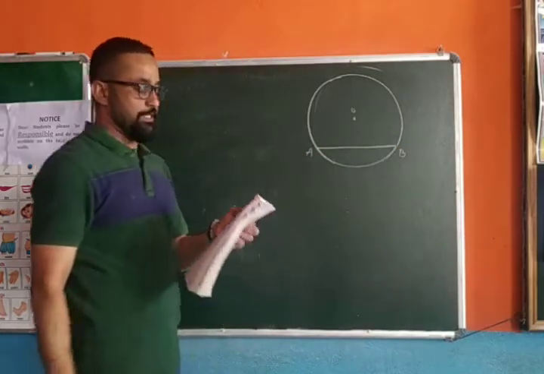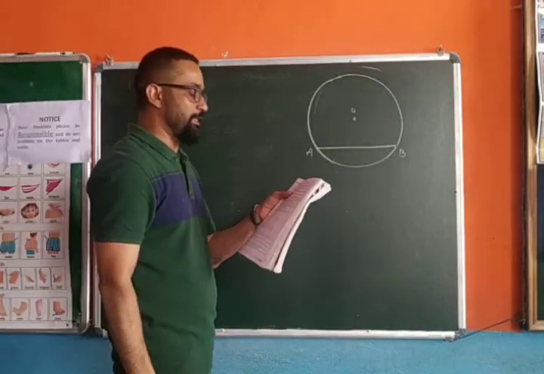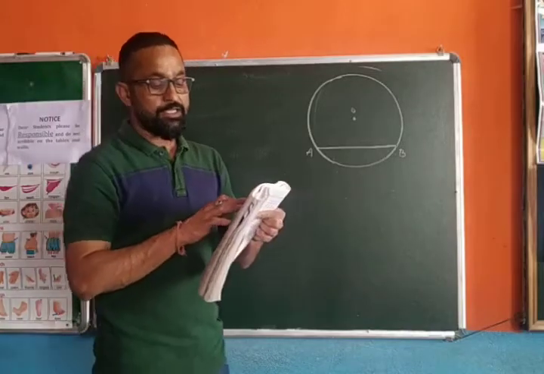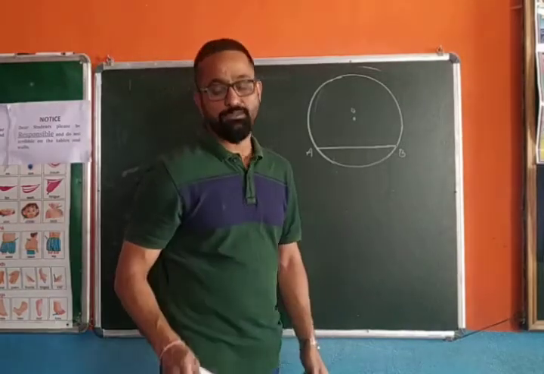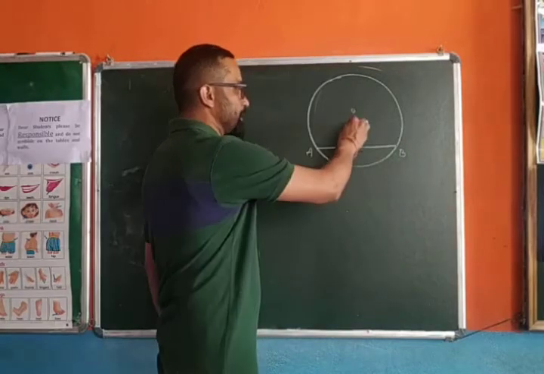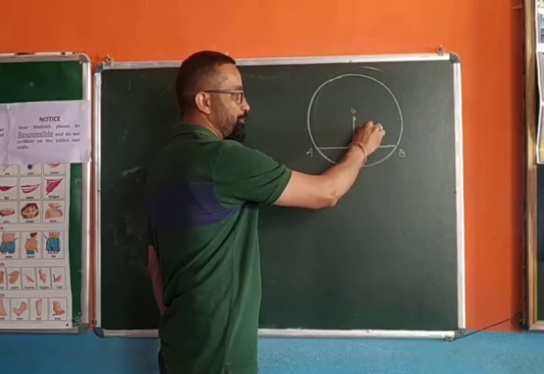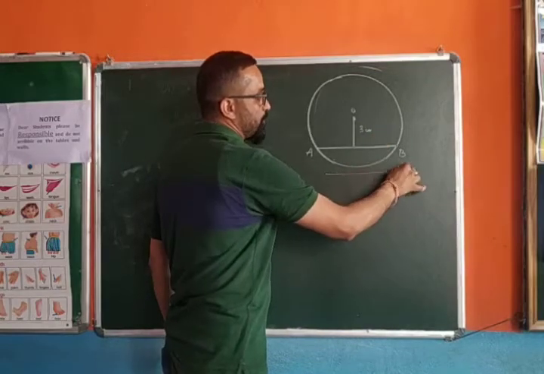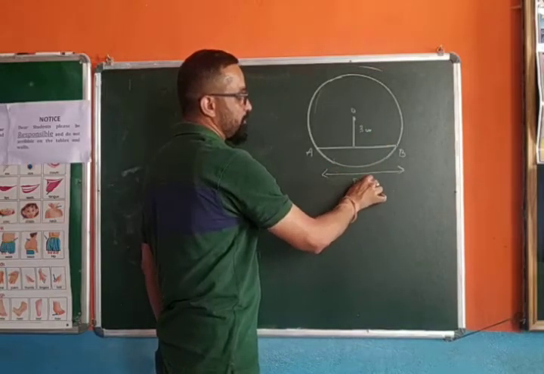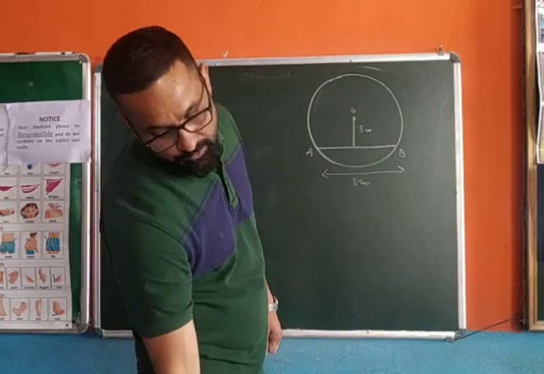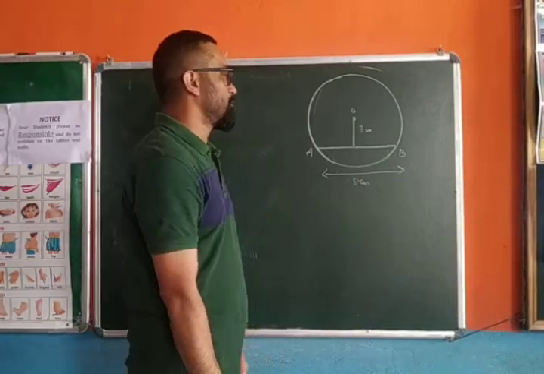Length of the chord is given, which is equal to 8 centimeter. Is at a distance of 3 centimeter from the center. The distance between center and the chord is 3 centimeter. Total length of the chord is 8 centimeter. Calculate the radius of the circle.